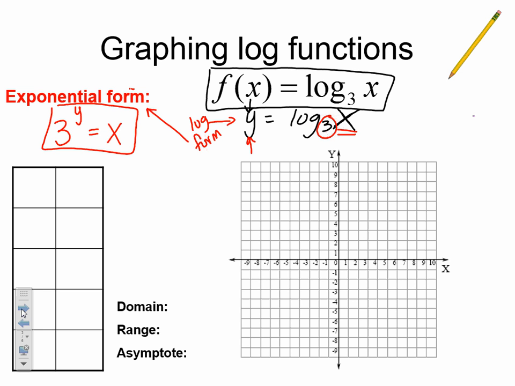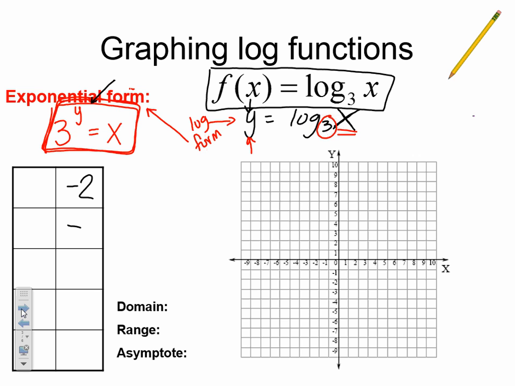Now, where will I be plugging in values into this exponent form right here? Where will I be sticking in numbers? It's not for the x anymore, you guys. It's the y, okay? Right up there at that power, that's where I'm plugging in numbers. So when we go to fill in our table right away with appropriate values, like -2, -1, 0, 1, 2, they're not going to go in the x column anymore.